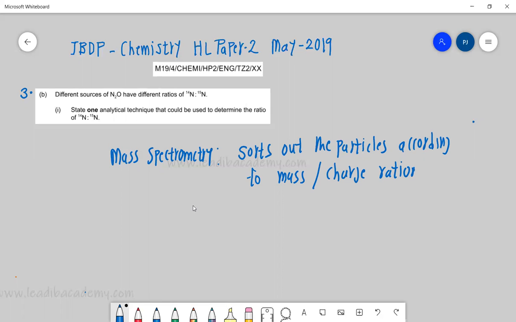Simple. Okay. So this is the technique in which mass to charge ratio is used.